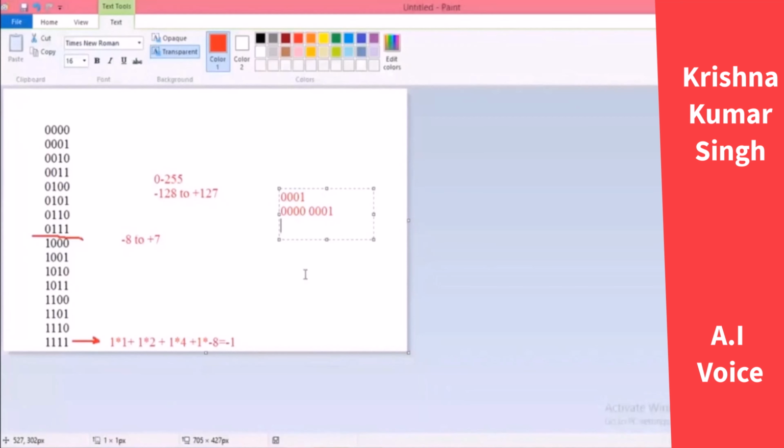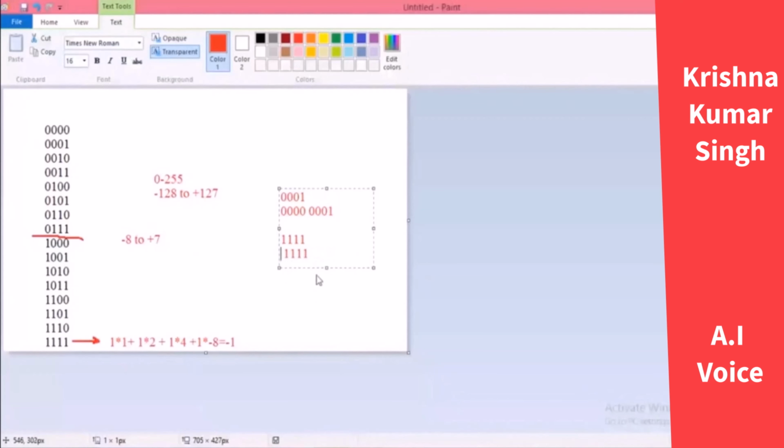For example, this is -1, as I mentioned here. So if you want to extend it into 8 bits, this is -1 in 4 bits. If I put 0000 and then put this number, then the number becomes positive because the leftmost bit is the sign bit, and this is no longer -1.